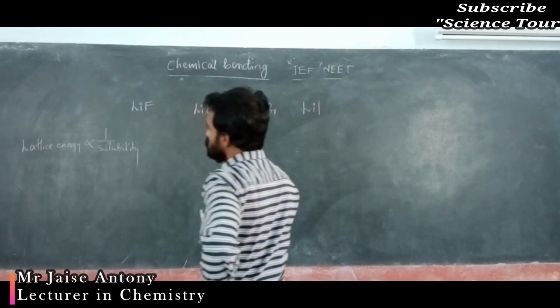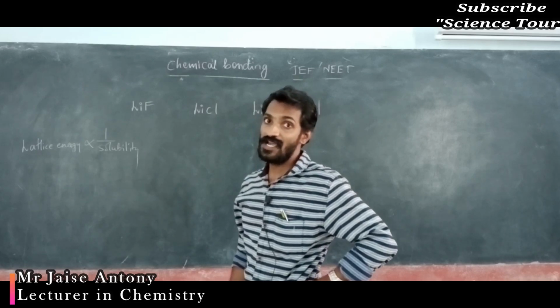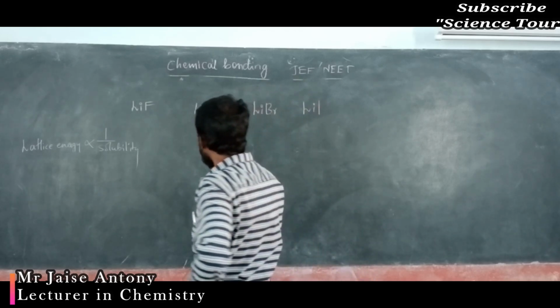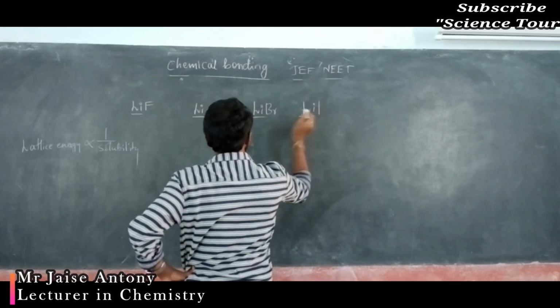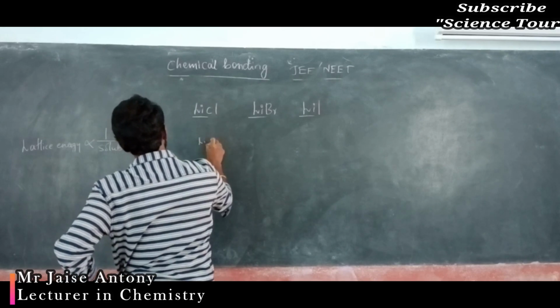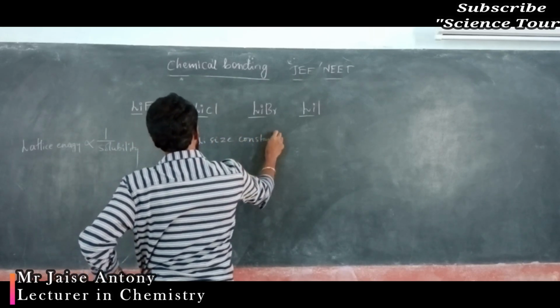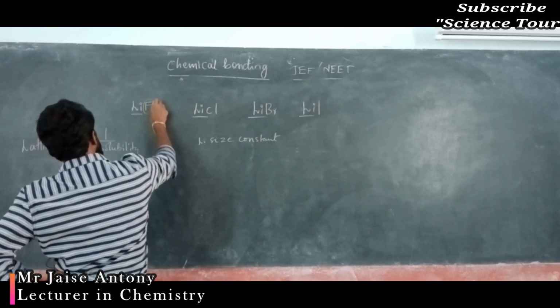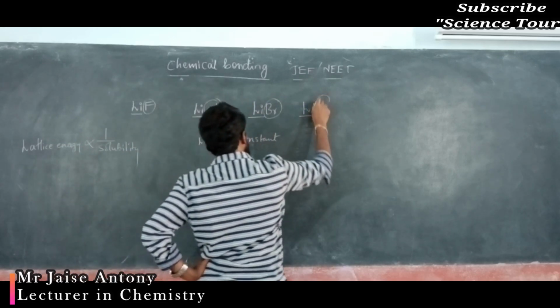Tell me, my dear students, first you don't know about the solubility part, but you know about the lattice energy part, correct? See, here the cation is lithium. In all cases lithium is constant. Lithium size is constant, that means cation size is constant. What about the anion? Fluoride is smaller in size, chloride is bigger, bromide is again bigger, iodide is the biggest one.